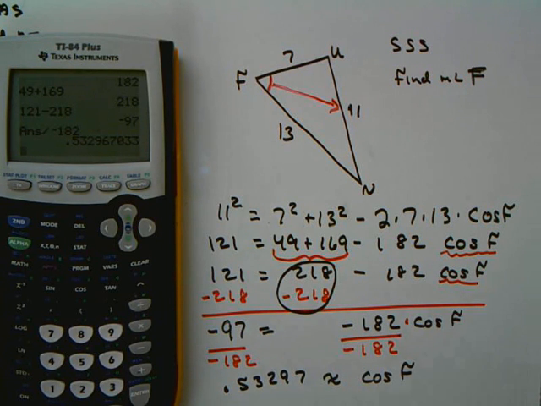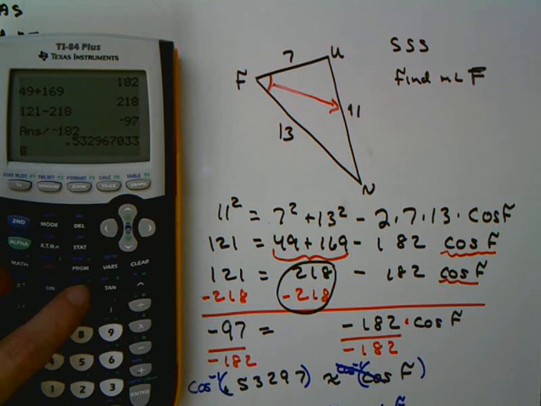We want to find the measure of angle F, so I need the inverse cosine of that ratio. That would cancel that out, and I've got the measure of angle F now.